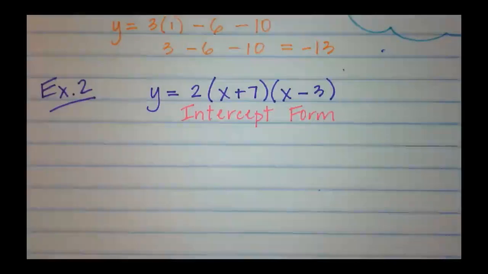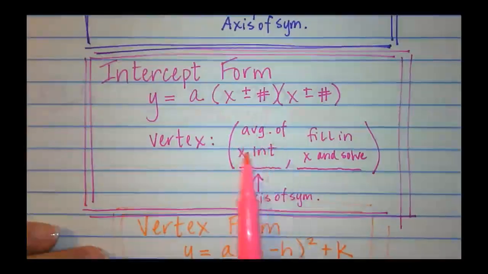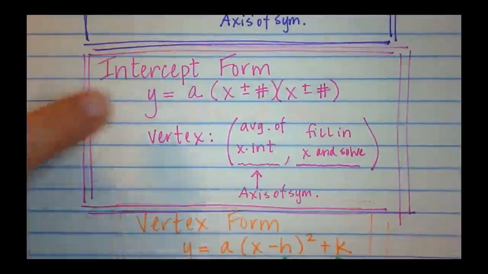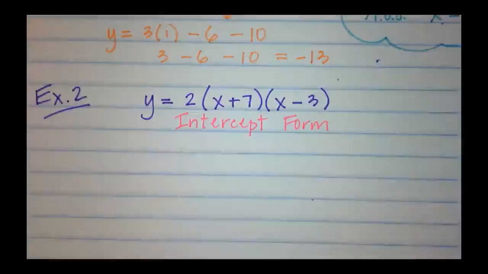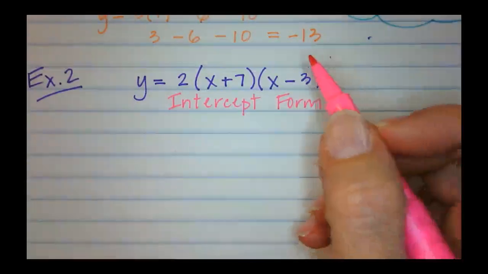All right, so in order to get our vertex and axis of symmetry from intercept form, let's take a look at our notes. What we need to do is average the two x-intercepts and then fill it in, and then we know the axis of symmetry. So since we're in intercept form, I need to average the two x-intercepts. All right, so first up, we just went through how to solve these.